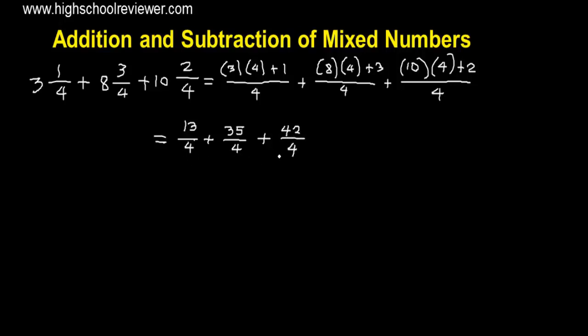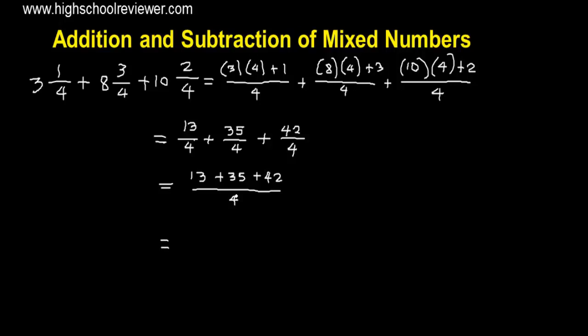Since they have the same denominators, they are similar fractions, we can add directly all the numerators. This will be 13 plus 35 plus 42, and then just copy the denominator, which is 4.